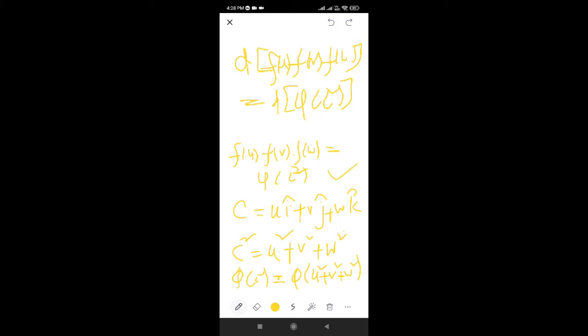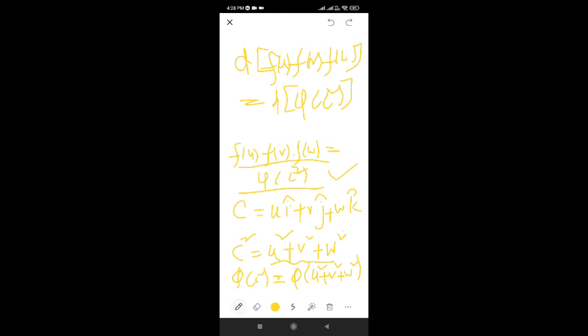What is c square? You know that c square is u square plus v square plus w square. I am differentiating this last equation, where c square is equal to this expression.